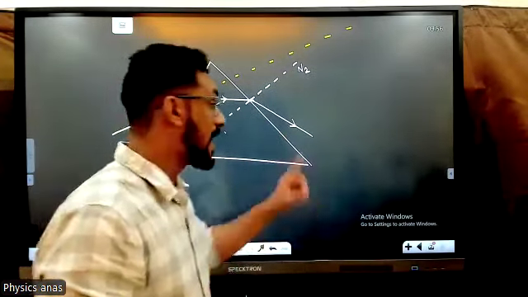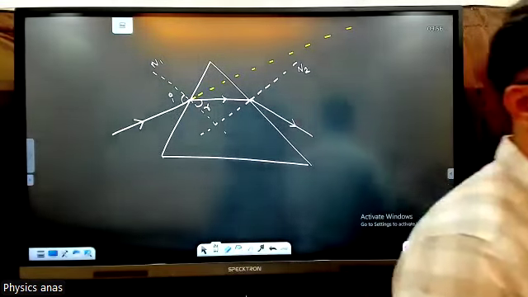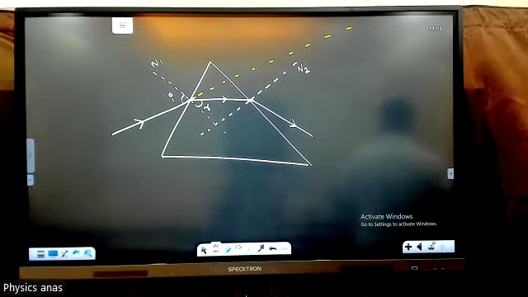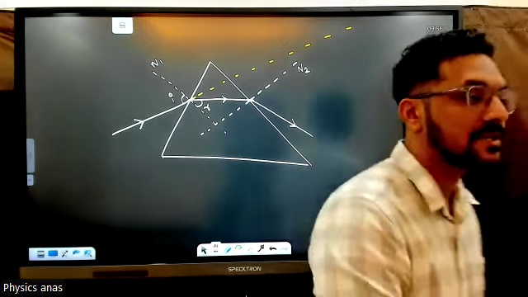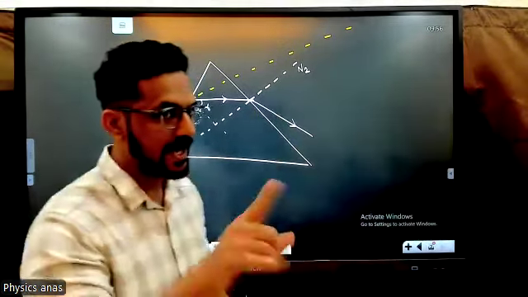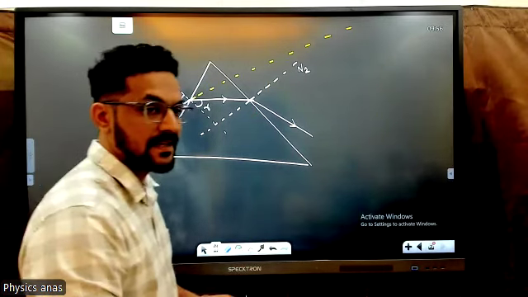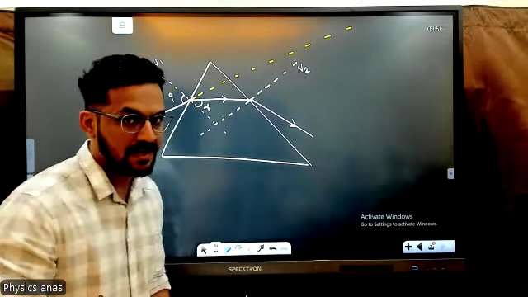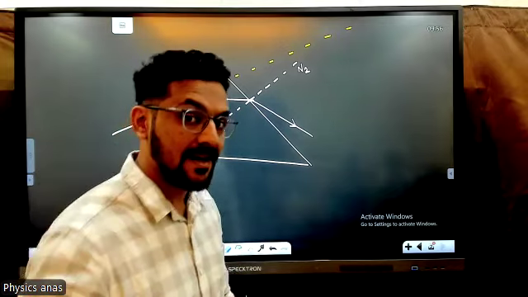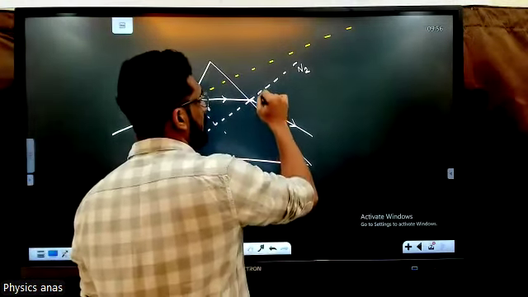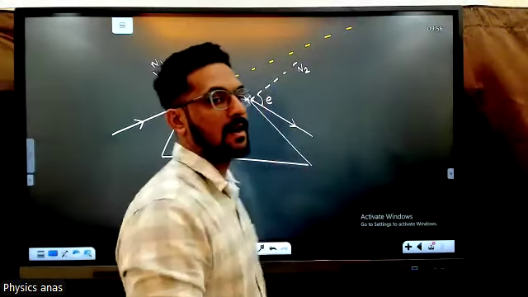You can call this light ray the emergent ray. So there will be an angle of emergence. What will be the angle of emergence? The angle between the emergent ray and the normal.